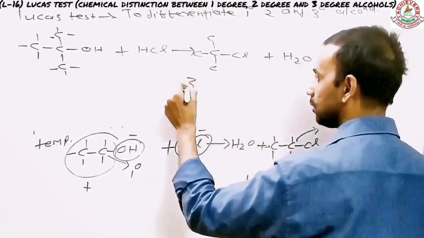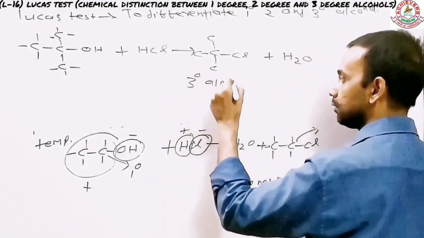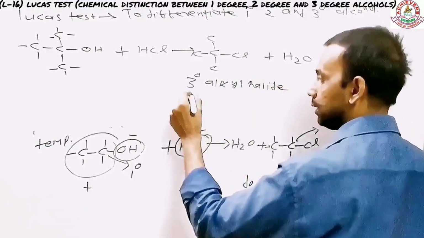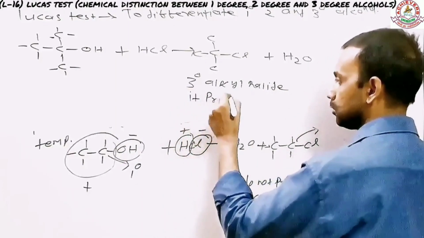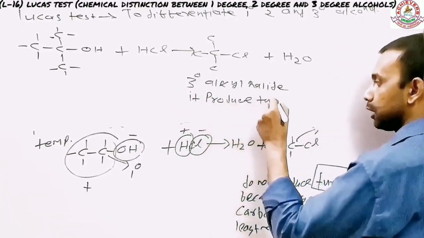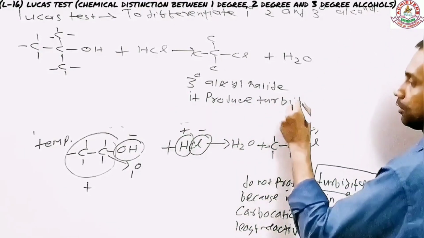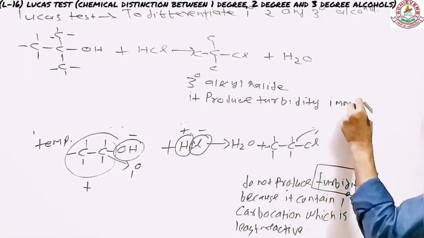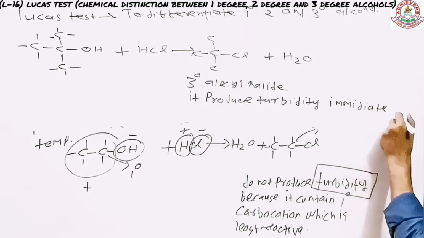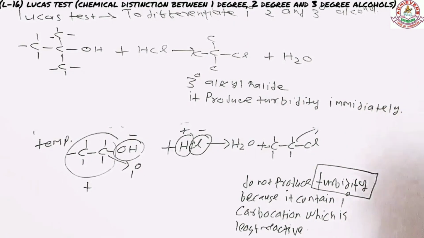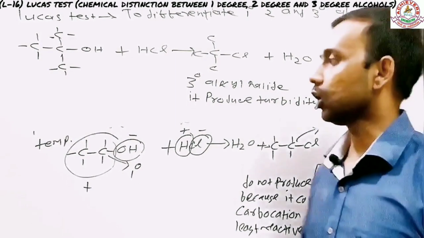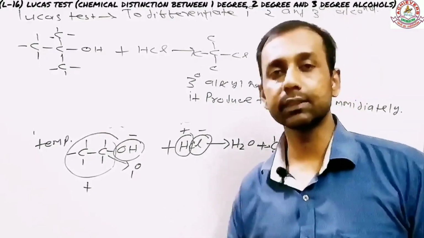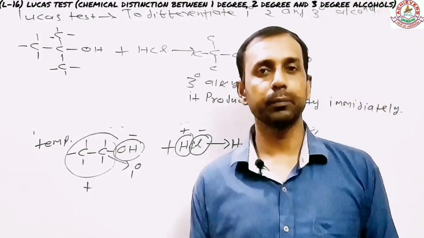But this is a 3rd degree alkyl halide, and it produces turbidity immediately, while the primary one does not. And if this was secondary, it will also not be able to produce the turbidity here. So this is how the Lucas test is useful in differentiating alcohols of primary, secondary and tertiary type.